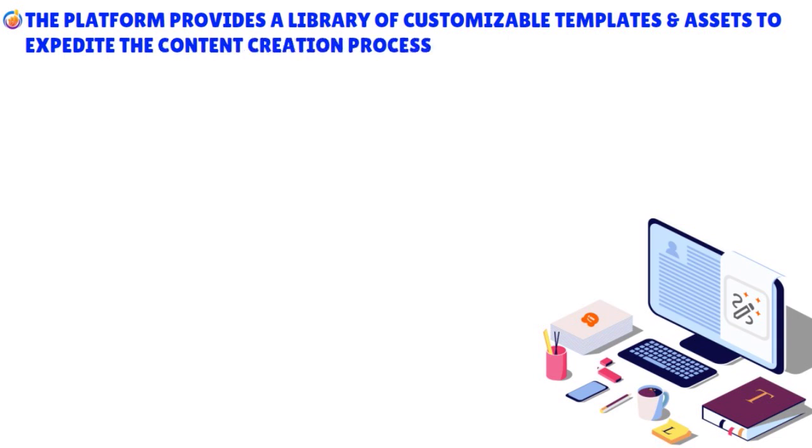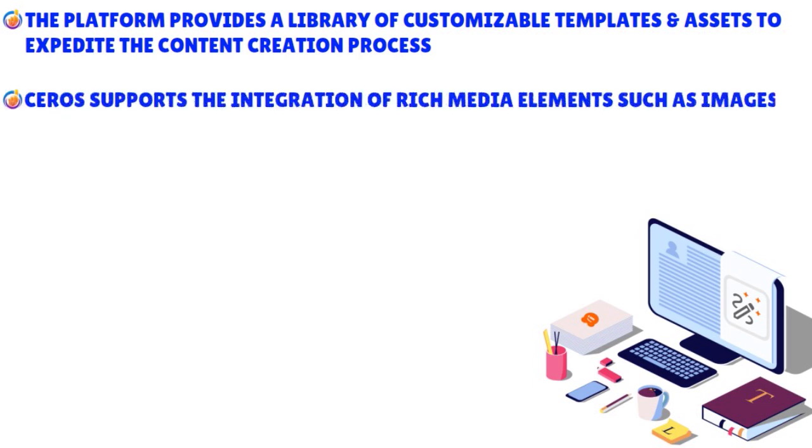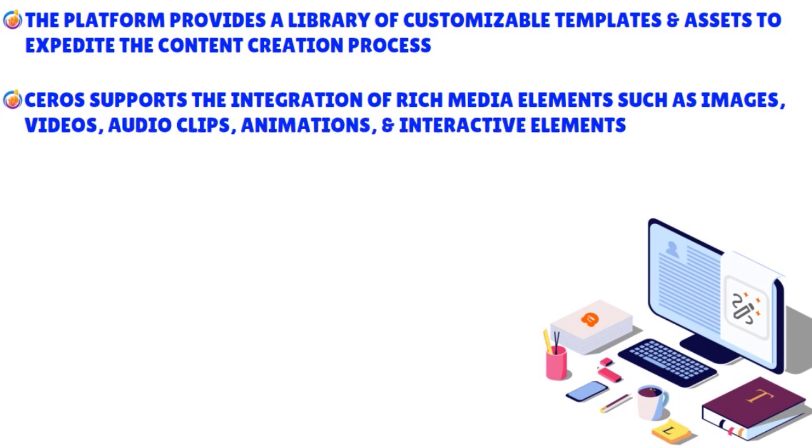And you can actually choose from a variety of pre-designed templates or create your own from scratch, tailoring them to your brand identity and content objectives. And Ceros content marketing software supports the integration of rich media elements such as images, videos, audio clips, animations, and interactive elements. And the cool thing is you can enhance your content with multimedia elements to create immersive and dynamic experiences for your audience.